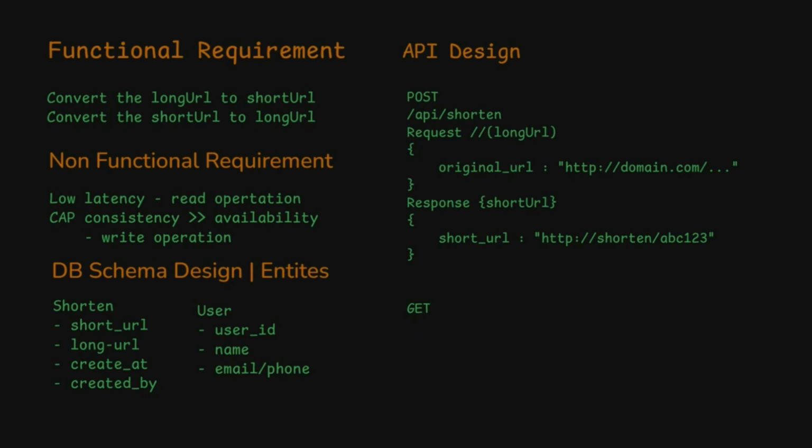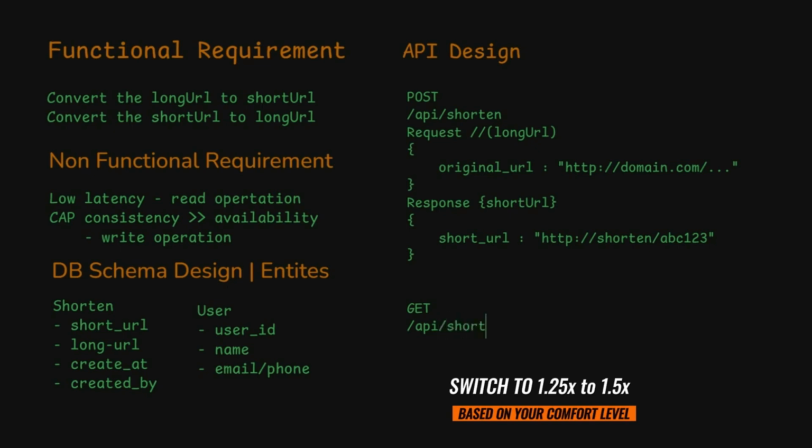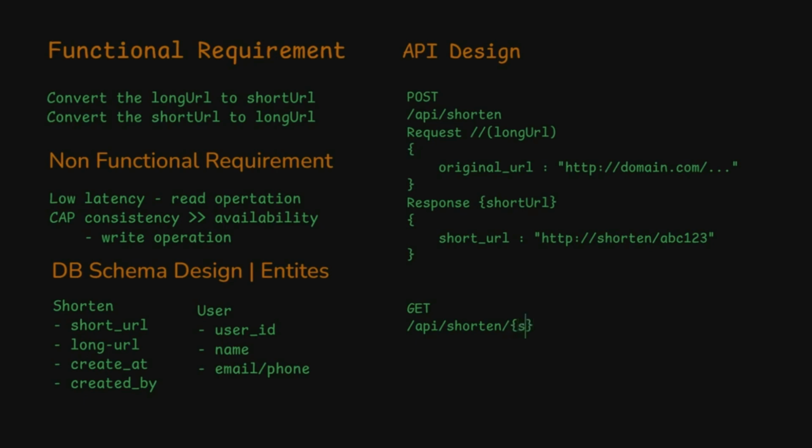The structure of the GET API would look like the API slash shorten. Here we can pass as a query parameter the short URL, right? In the response of this, we are basically sending back the long URL.